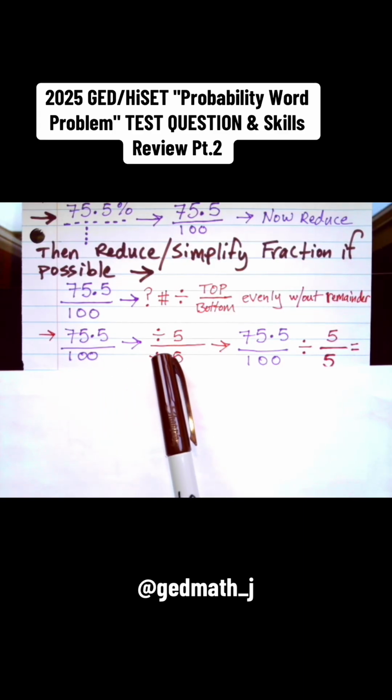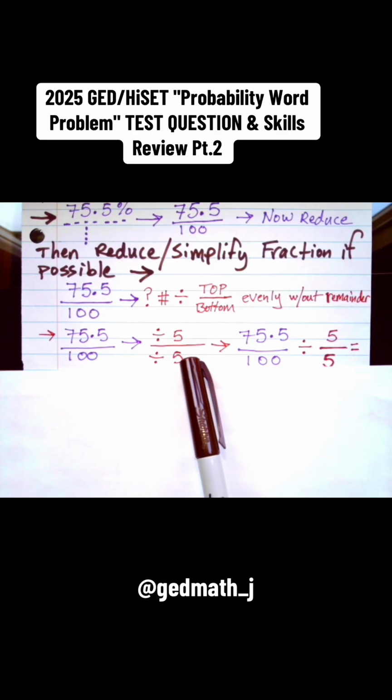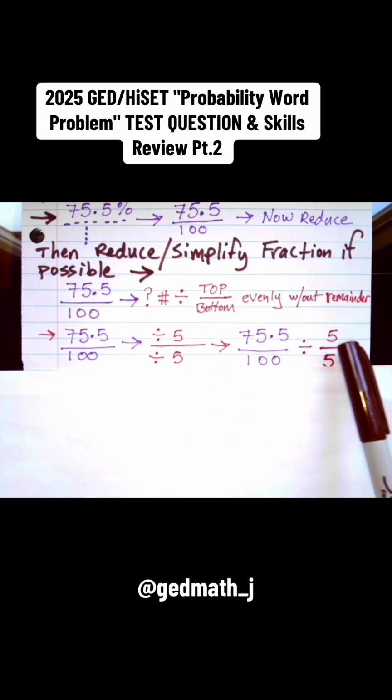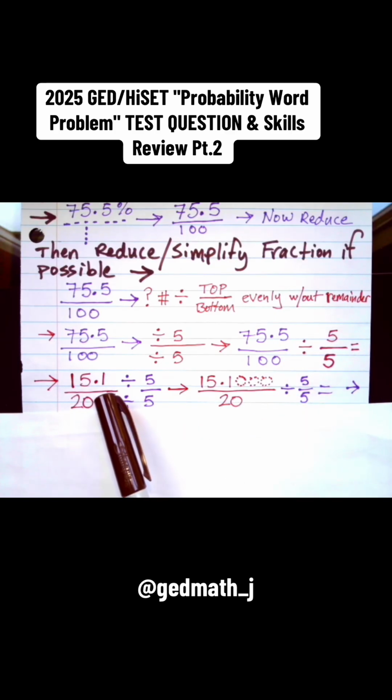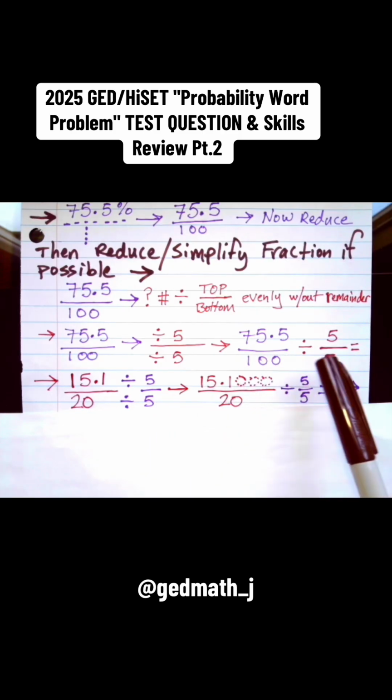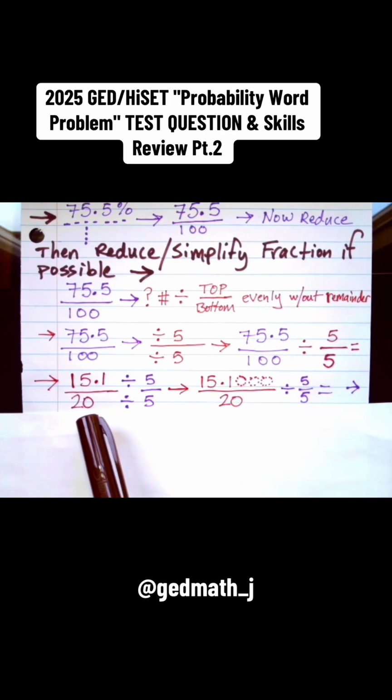I know 5 would be divided into top and bottom evenly. So I'm showing you that step here. 75.5 divided by 5 is 15.1, 15 and 1/10. 100 divided by 5, or 5 times 20, gives me 100.